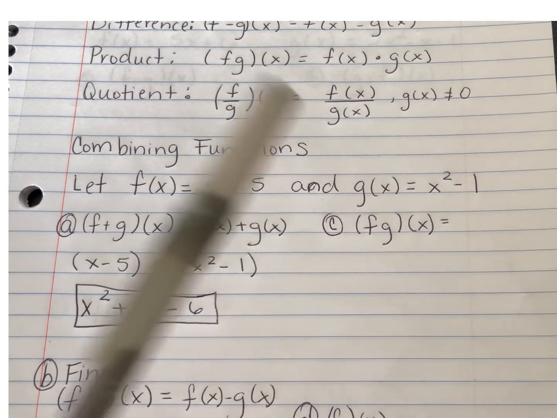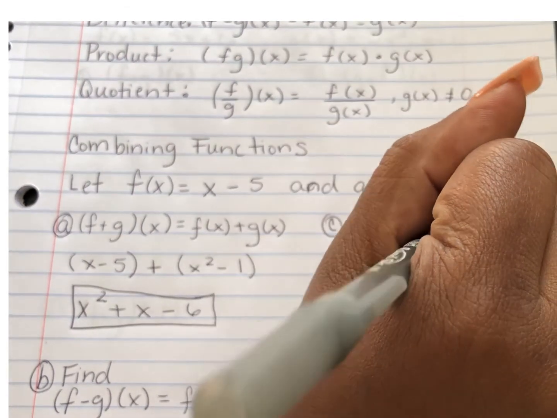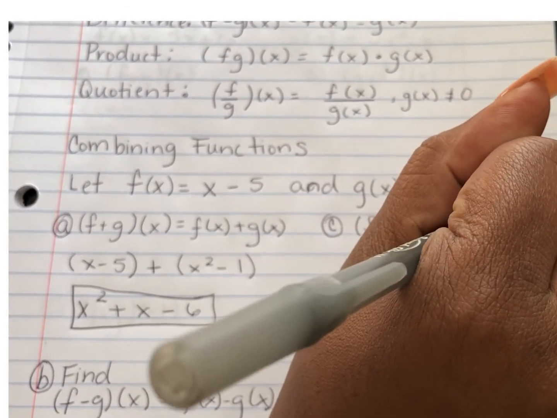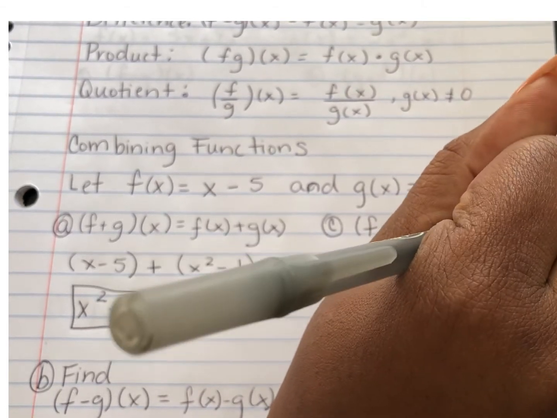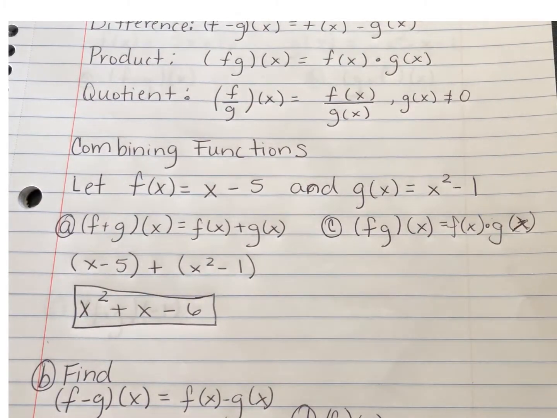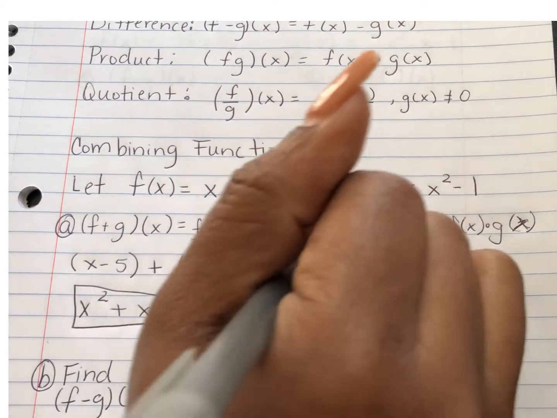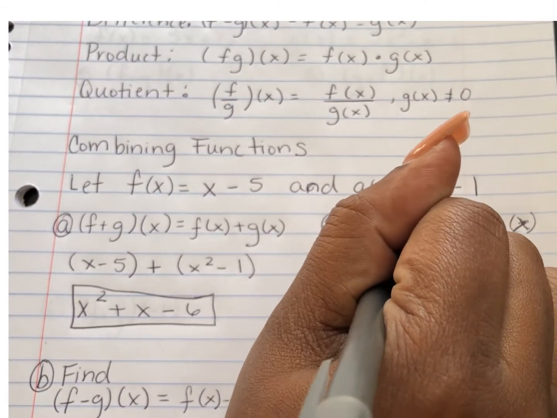For the product, we have fg times x, which is the same as f of x times g of x. So for f of x, we have x minus 5.